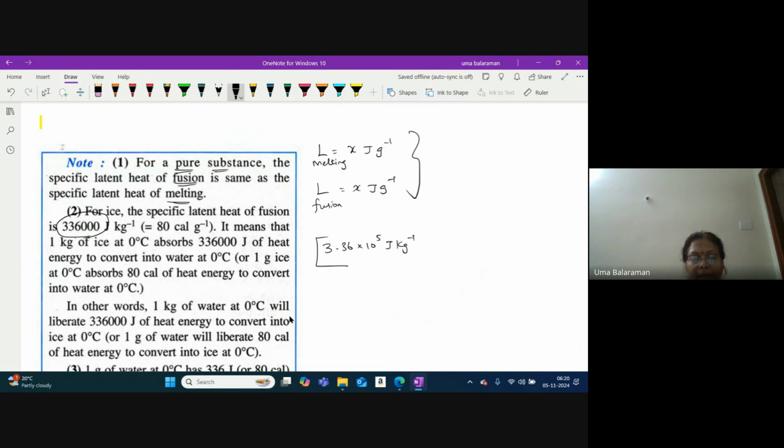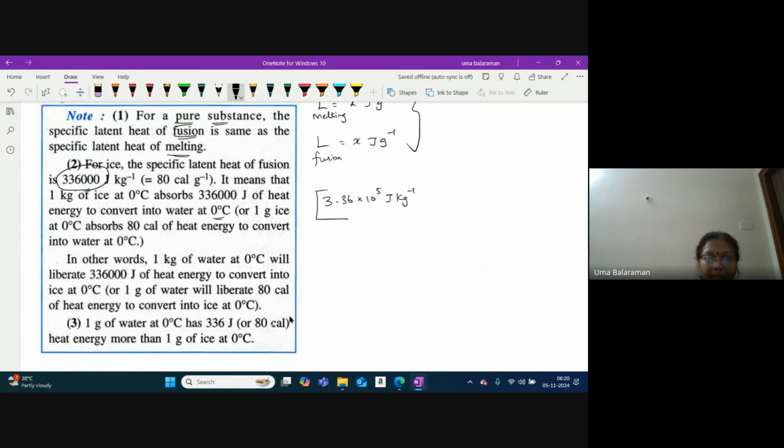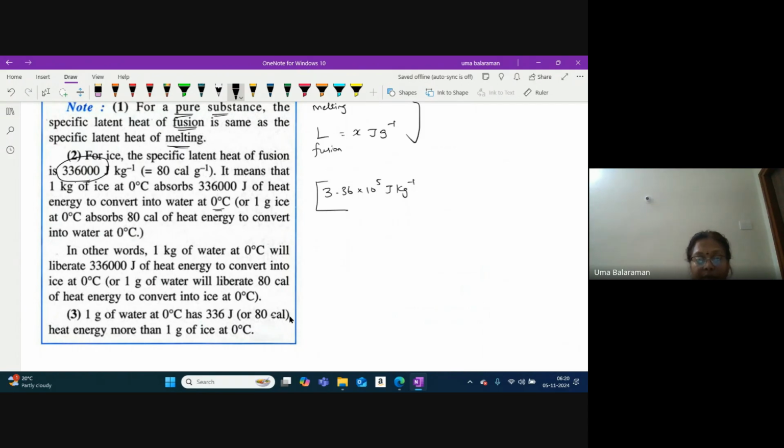It absorbs this much energy when it is converted to water, and it liberates this much energy when it is freezing. When it is fusion, when it is frozen or melted, this much energy is either absorbed or liberated.